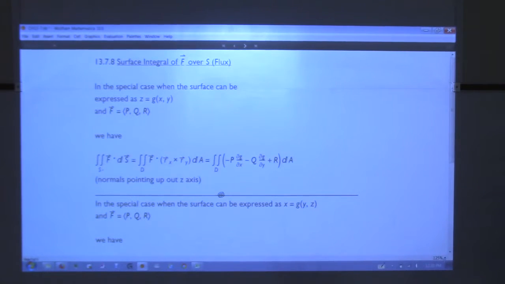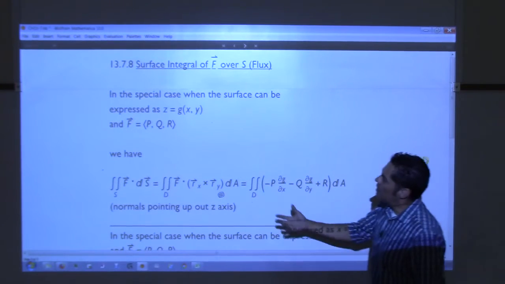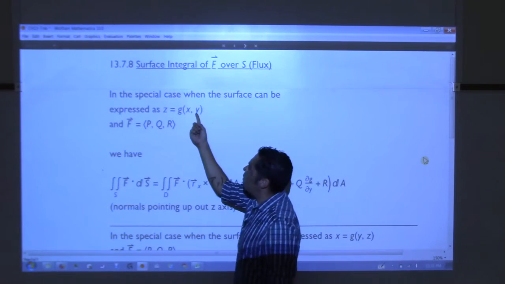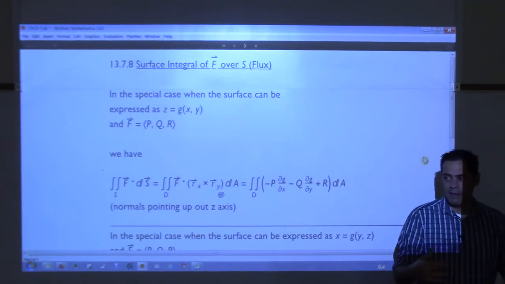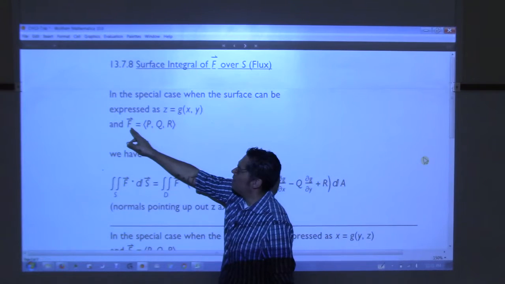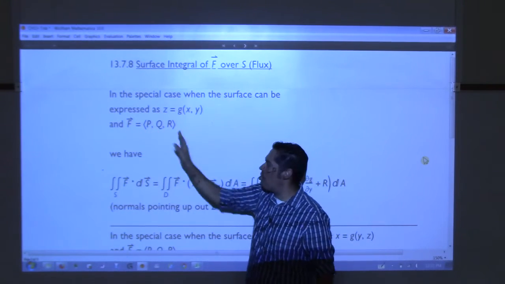Well, I've got some good news. The flux integral has an easier computation in those special cases, again. So if z is a function of x and y, your surface is a function of x and y, and your vector field is written in that form PQR, we've done this in the past, right? Broke it up PQR.